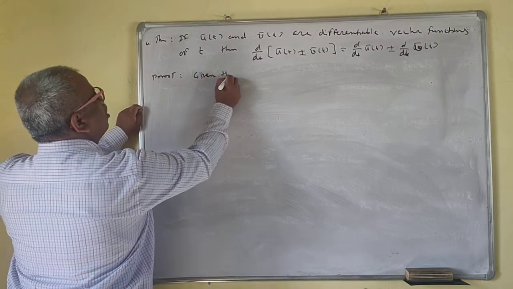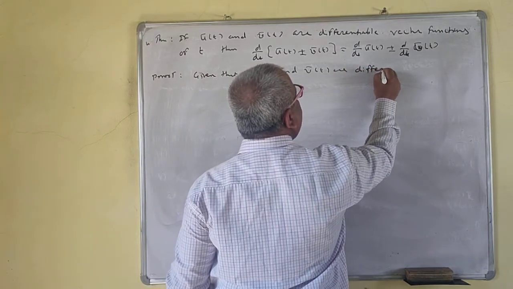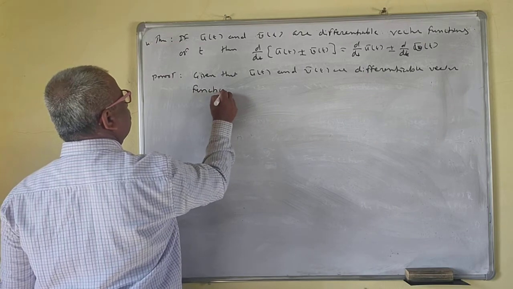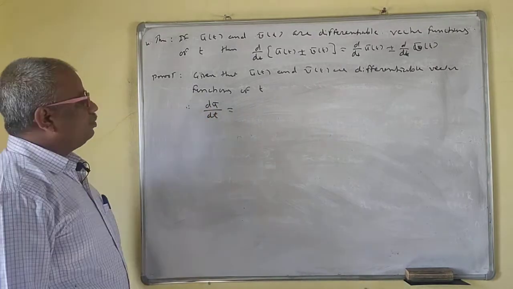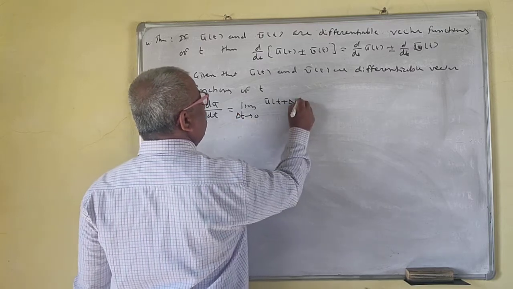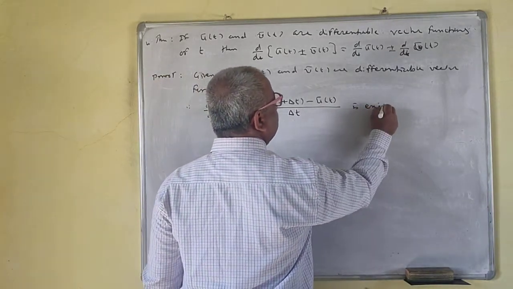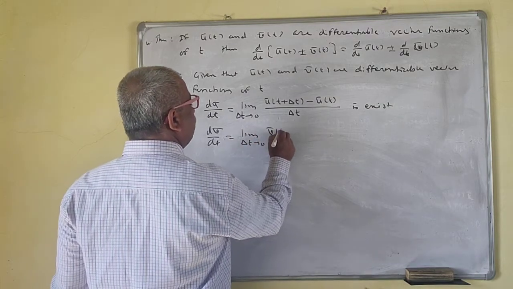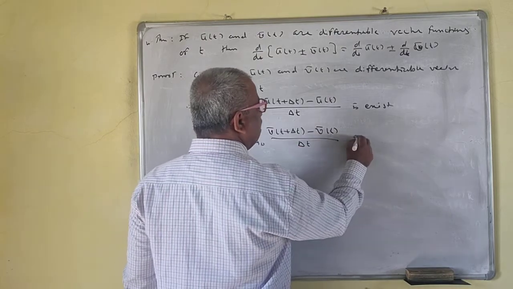Given that u bar of t and v bar of t are differentiable vector functions of t, therefore du bar by dt is equal to limit delta t tends to 0 of u bar of t plus delta t minus u bar of t upon delta t, which exists. Similarly dv bar by dt is equal to limit delta t tends to 0 of v bar of t plus delta t minus v bar of t upon delta t, which exists.